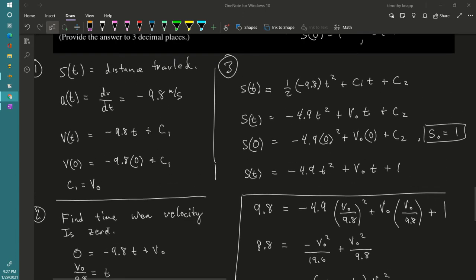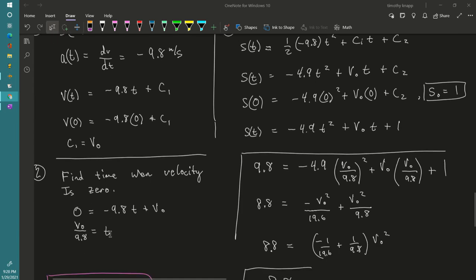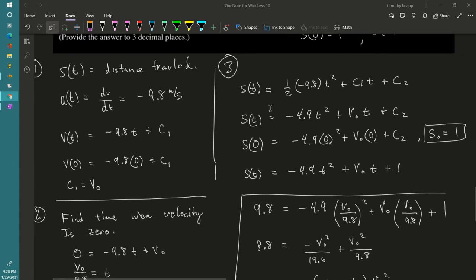All right, so I've got a lot of information here. My C1 is my initial velocity, and I know this. Now, taking a look over here, if I integrate my velocity function, I get my position function, okay? Remembering that C1 is 0, I've got another constant of integration, which is C2, okay?